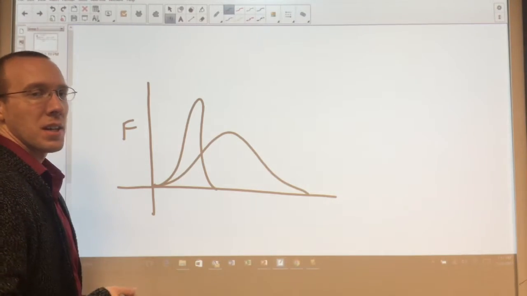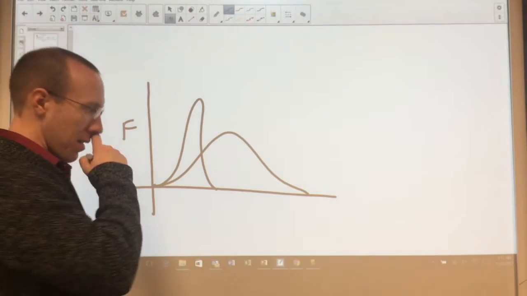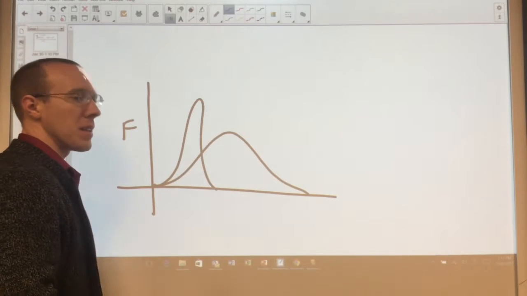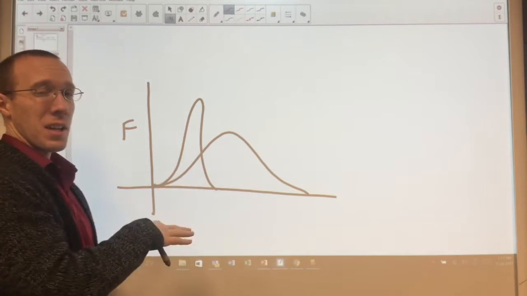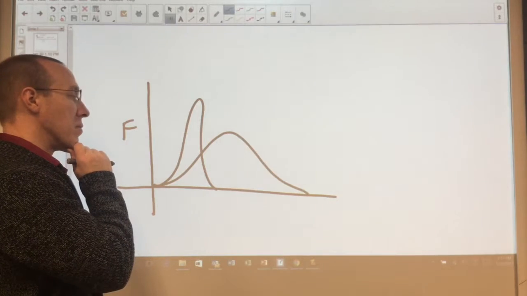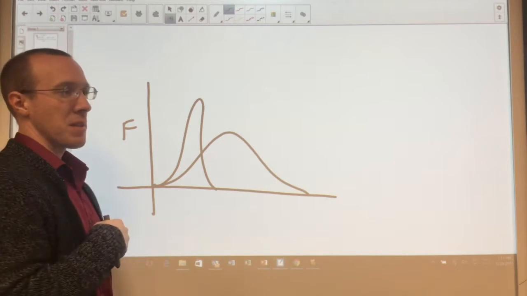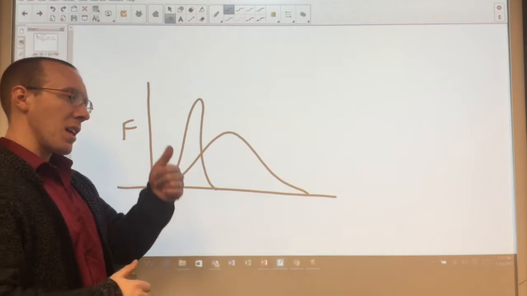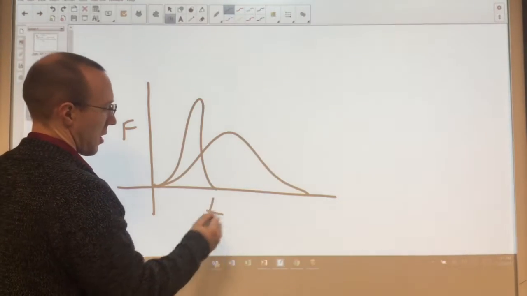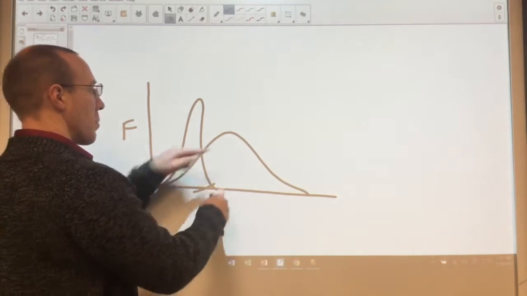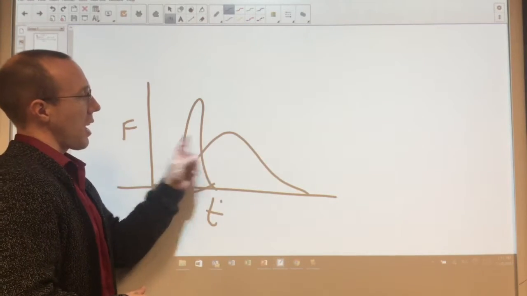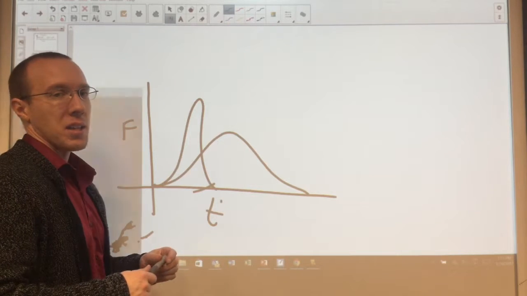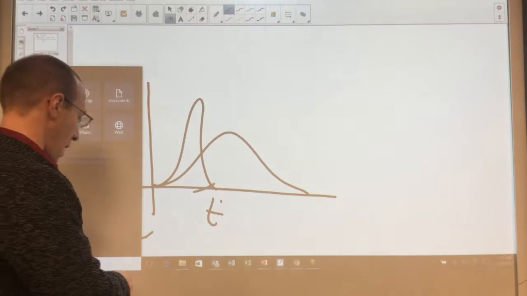If that were the case, we know that the impulse underneath would be the same. Okay, the area under each graph would be the same, even though it doesn't look like it here. And the change in momentum is actually the same, but we increase the time but decrease the force. Okay, that's what we have here, an increase in time but a decrease in force. So anyway, to finish that up, we just need to have an idea of what each one would be, an example of each, if I give you some different graphs.